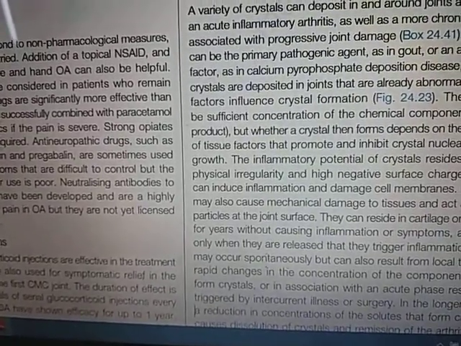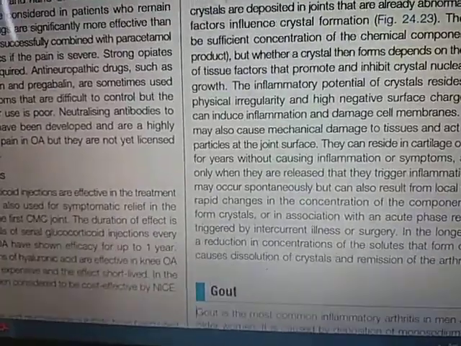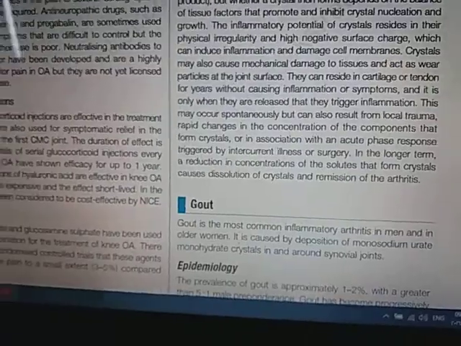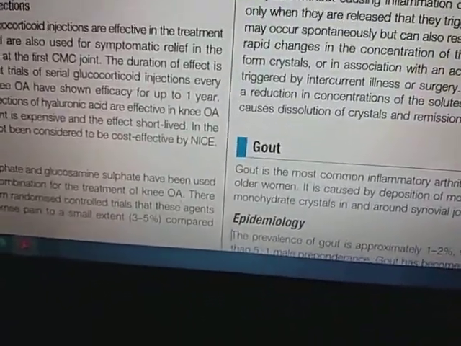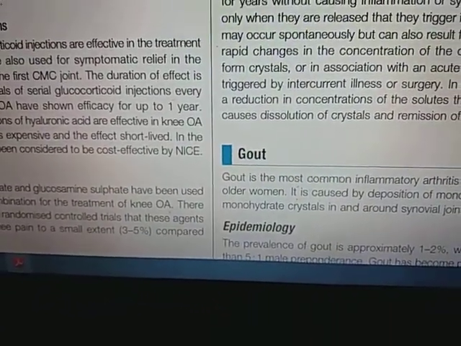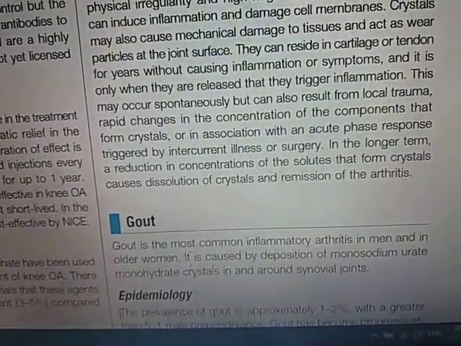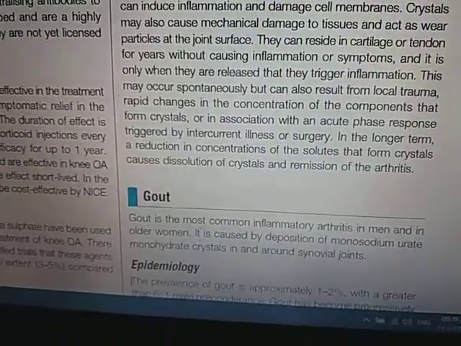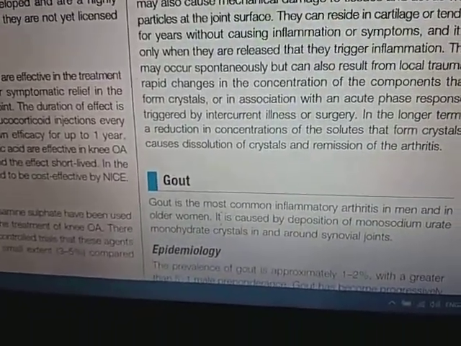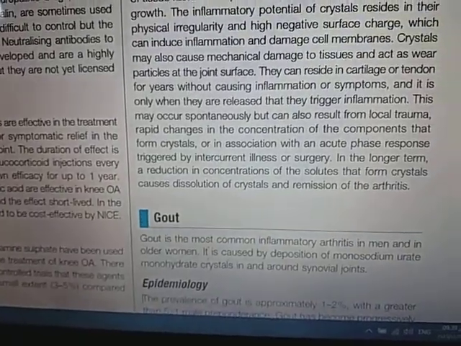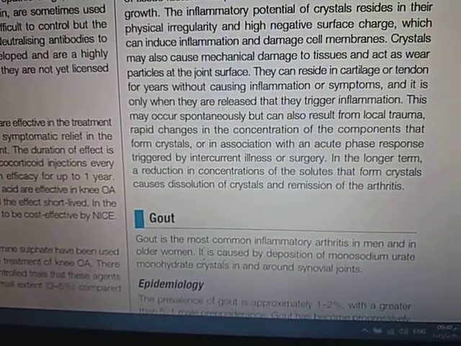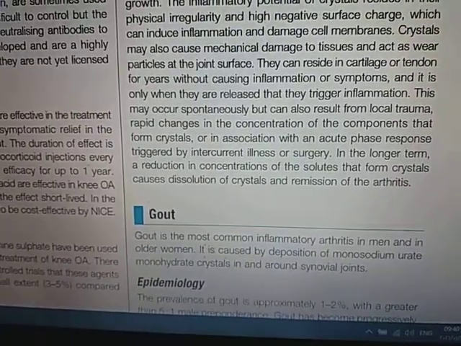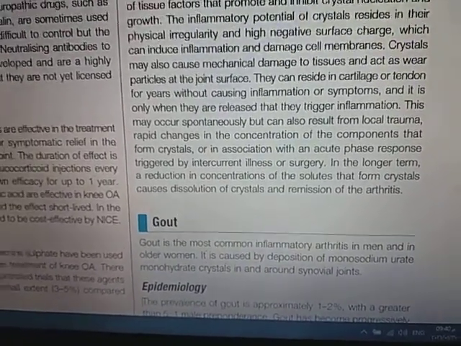Now, a few words on intra-articular steroid injections. Intra-articular steroid injections might be used sometimes, but if one uses the intra-articular steroid injection, one should be very careful, and this should be done under strict aseptic precautions.